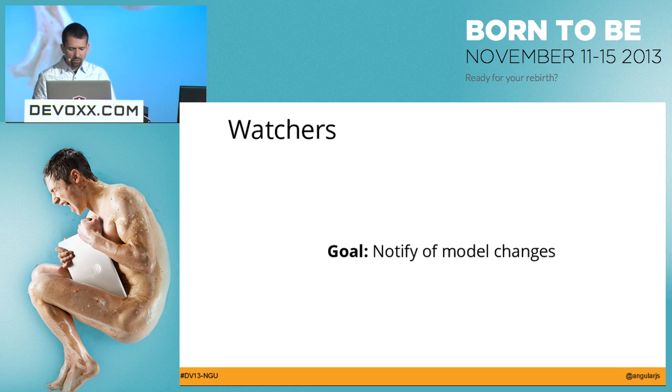Okay, so now that we've described how we can get the behavior of scopes, the next thing we have to solve is how do we notify the system of property changes, right? Because without some kind of a notification system, we don't have a data binding system. So to be able to data bind and have this property where a change in the model automatically reflects to the UI really implies that we have some way of detecting this change.